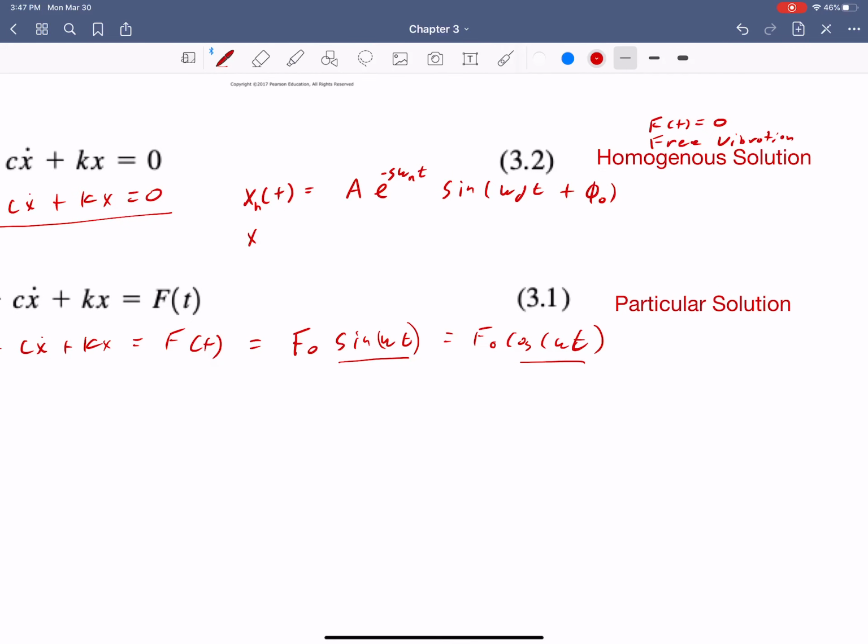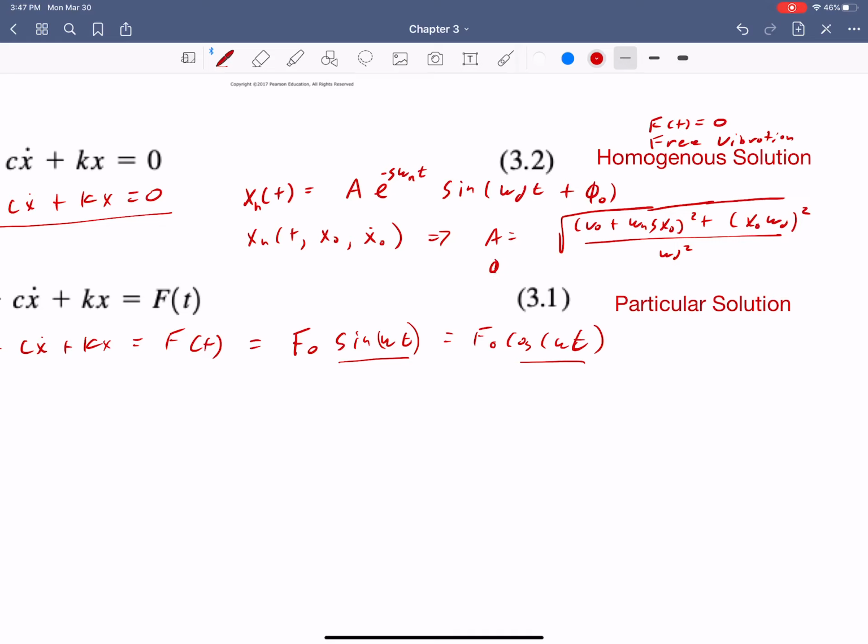And remember, x sub h technically depends upon time and your initial conditions. That tells us that A is equal to the square root of (v naught plus omega n zeta x naught) squared plus (x naught omega d) squared, all over omega d squared.